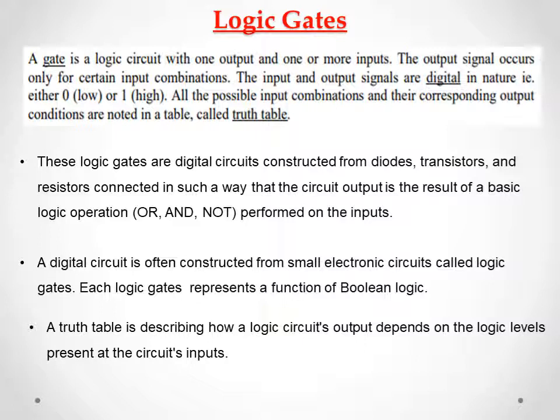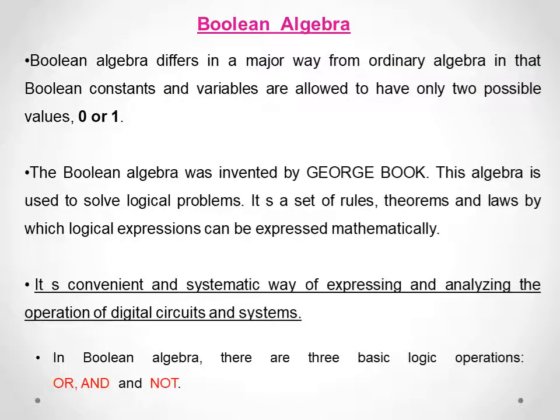A digital circuit is often constructed from small electronic circuits called logic gates. Each logic gate represents a function of Boolean logic. A truth table describes how a logic circuit output depends on the logic levels present at the circuit's inputs.